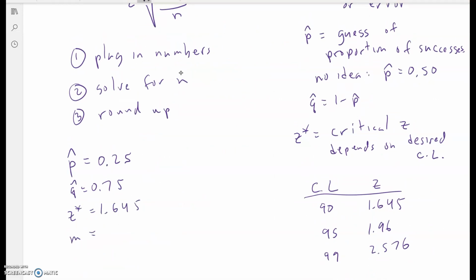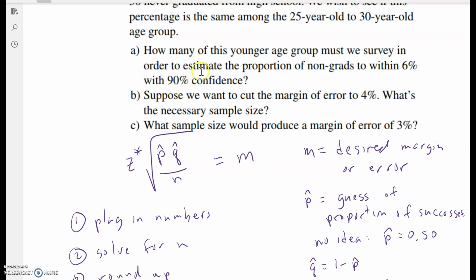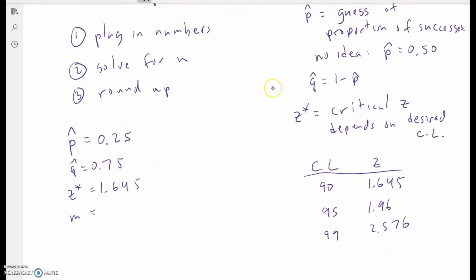And for part A, the desired margin of error is 6%, so that's 0.06. Always put that in decimal form.